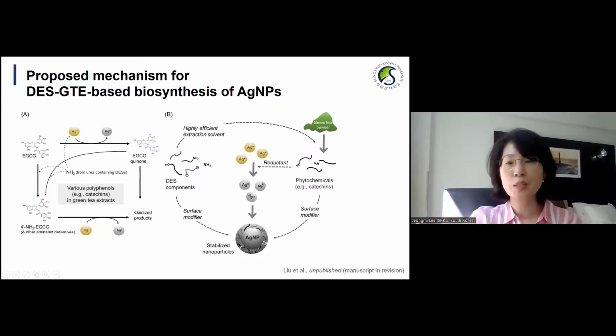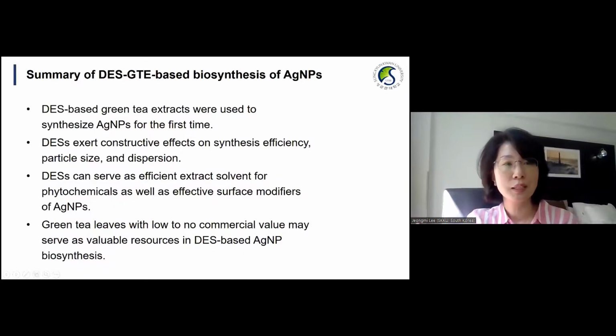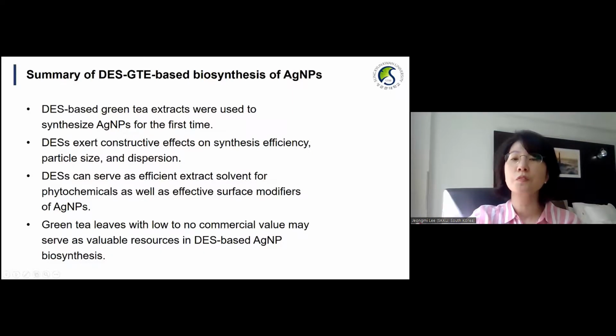But because I'm running out of time, maybe I can briefly explain these mechanisms in this summary slide. In this study, we showed that DES-based green tea extracts could be used to synthesize silver nanoparticles for the first time. And we found that DESs can exert constructive effects on synthesis efficiency, particle size, and dispersion of nanoparticles.